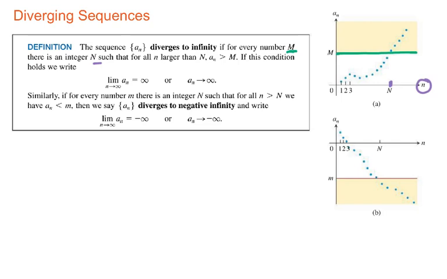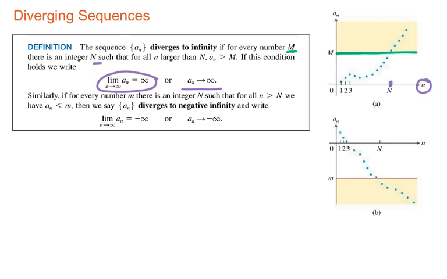If that holds, we can write our limit as the limit as n approaches infinity of a sub n equals infinity, or in simpler notation, a sub n arrow infinity.